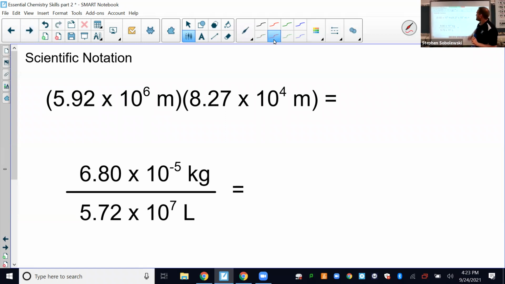Now, there are really two ways of doing this. You can manually type in times 10 to the as part of your numbers, or you can use the E function. Now, if you use the E function, I'll show you, hopefully you can see it in the menu there. That top number would be 5.92 E6.